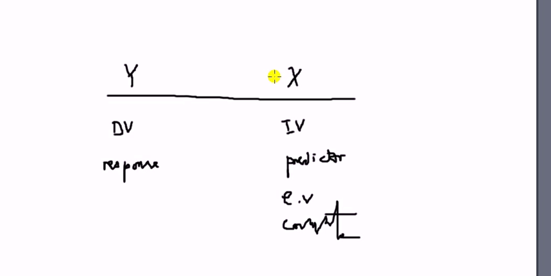Okay. The other thing we can use the regression model for is to say things like, if x increases by 1 unit, the model predicts that y will increase by blah blah blah units. For example, in marketing, x could be amount spent on advertising, y could be sales.